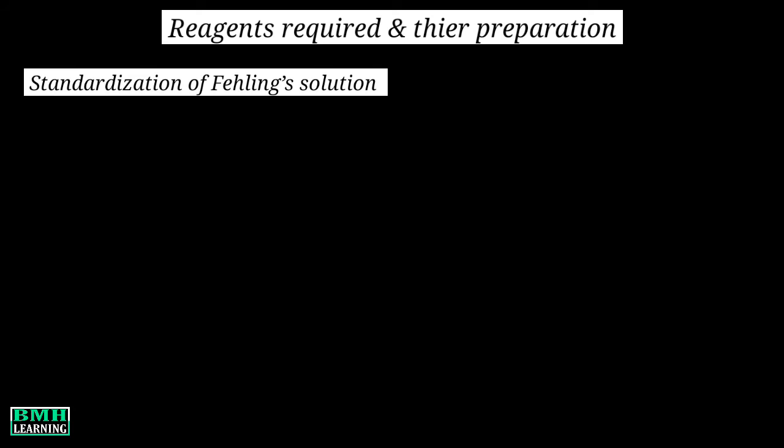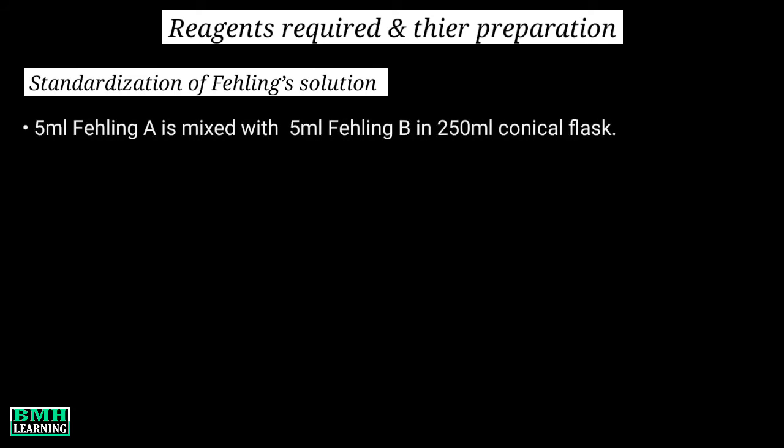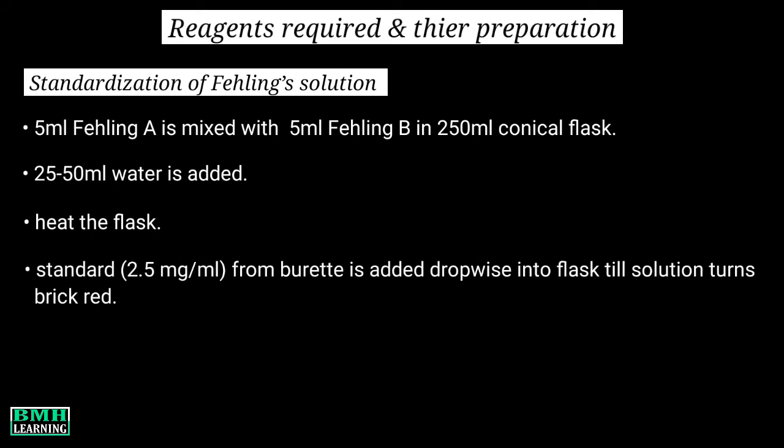Standardization of Fehling's solution. 5 ml Fehling A solution is mixed with 5 ml Fehling B solution in a 250 ml conical flask. Into this flask, 25 to 50 ml water is added. Then we heat the flask. After this, standard invert sugar solution from the burette is added dropwise into the flask till the solution turns brick red.